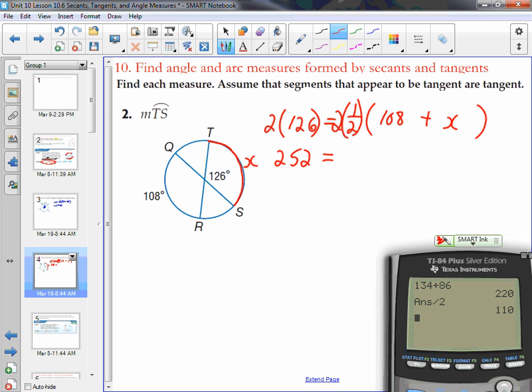Now the reason I'm multiplying both sides by 2 is because 2 times 1/2 is 1. So then I get 1 times 108 plus x, and I just get 108 plus x. Now all I have to do to finish this off is what's 252 minus 108? And that is the measure of arc TS. Okay, make sense? All right, everybody's with me.